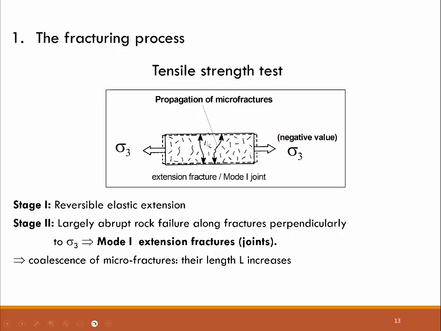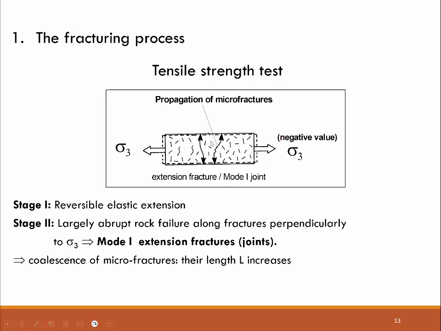Roughly we see here fractures pretty much perpendicular to the direction of the sigma 3 stress vector would form. This sudden failure of the rock is a result of the coalescence of microfractures.